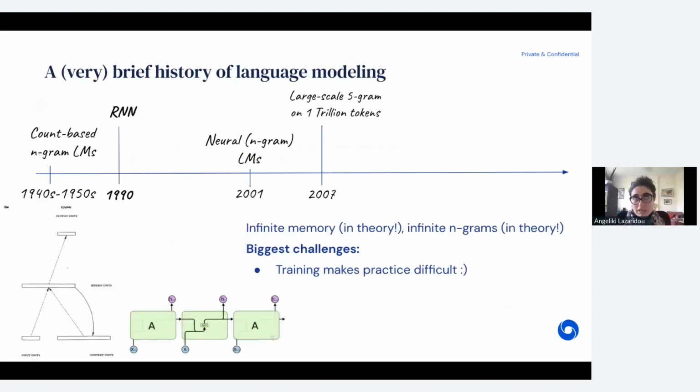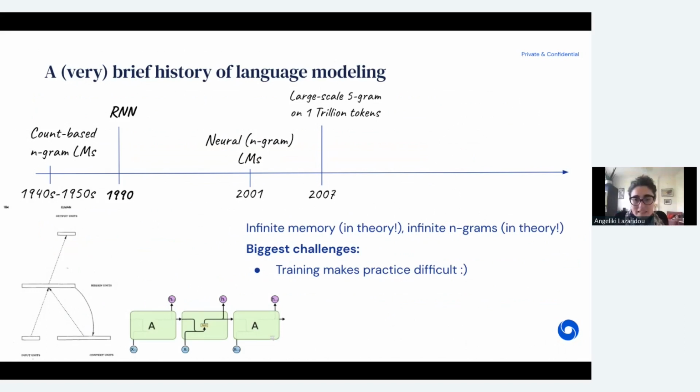A big change, actually before the neural n-grams, was recurrent neural networks, RNNs. RNNs promised us infinite memory, because we are now modeling the sequence as it comes, and incorporating any new word into this function f. And it promised us also infinite n-grams. So in theory, this sounded like an excellent model, like a magic model.